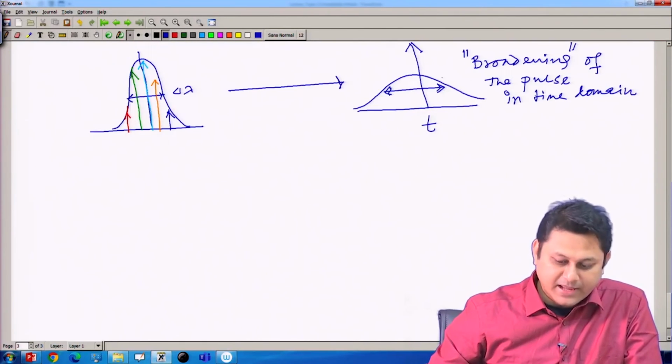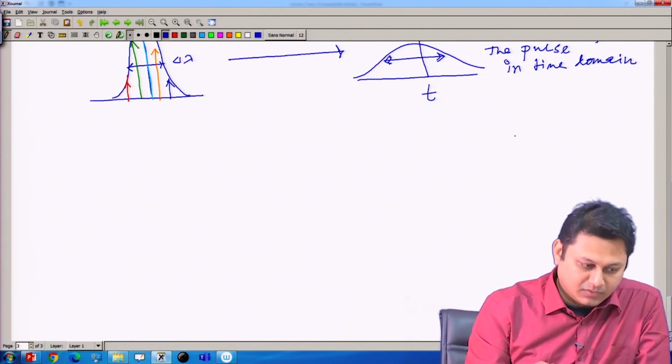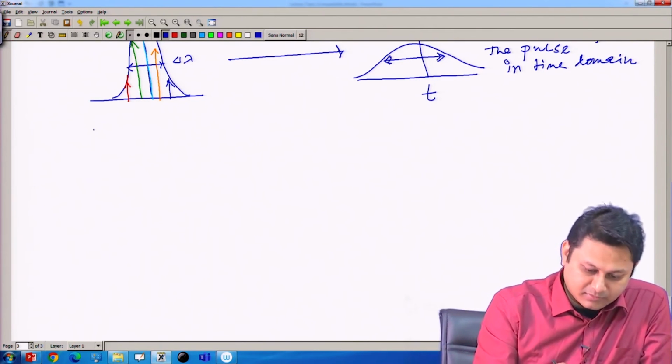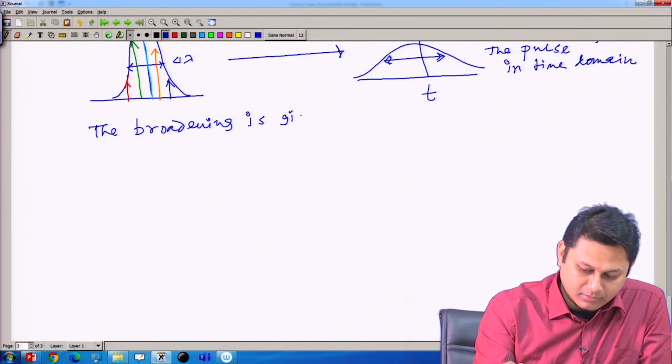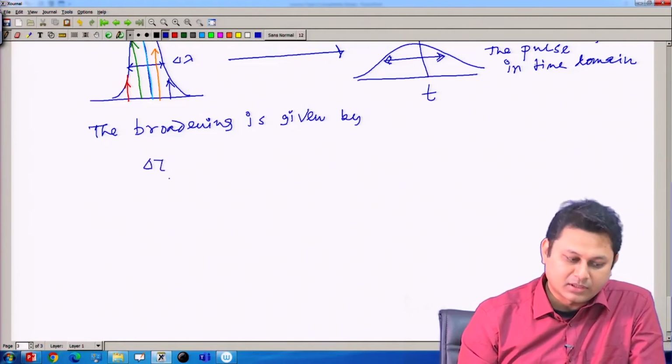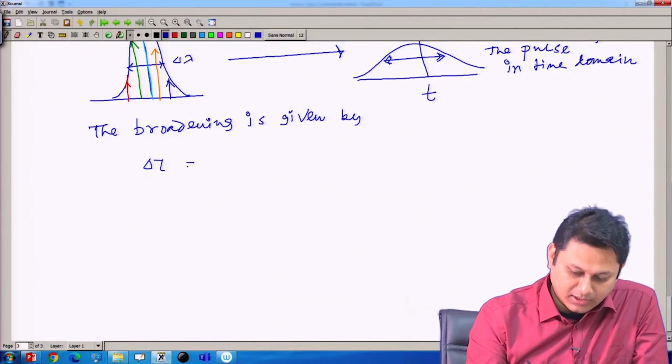Now, quickly we calculate the dispersion coefficient. How is the broadening given? The broadening is given by delta tau, because delta tau is a measurement of the broadening, and one can write this delta tau as d tau d lambda times delta lambda.